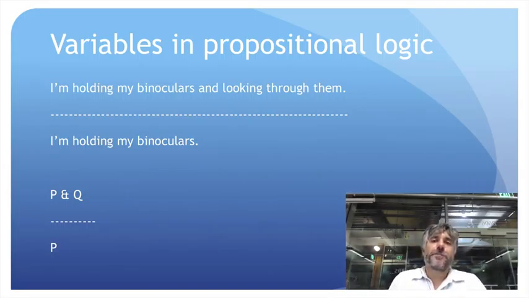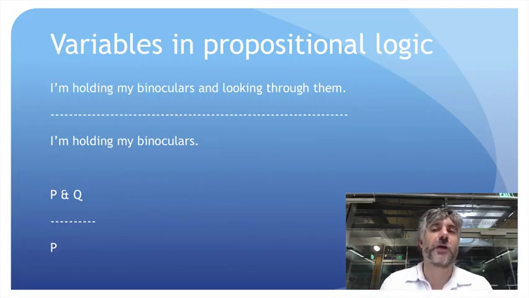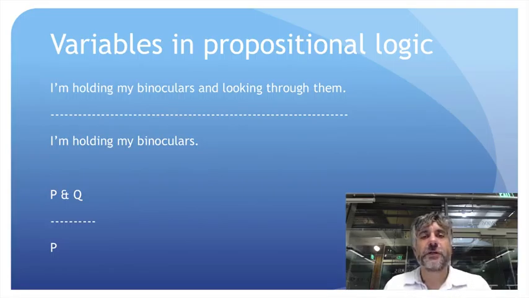But notice, in that deductive argument, there's nothing special about the proposition I'm holding my binoculars or about the proposition I'm looking through my binoculars. In fact, for any argument where the premise is the conjunction of two propositions and the conclusion is one of those two conjoined propositions, that argument is also going to be valid.